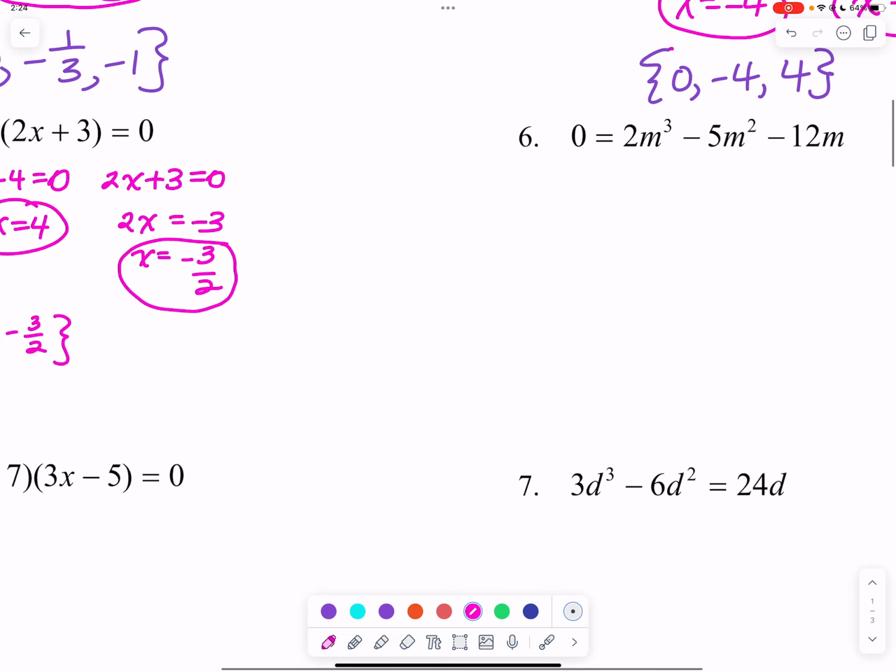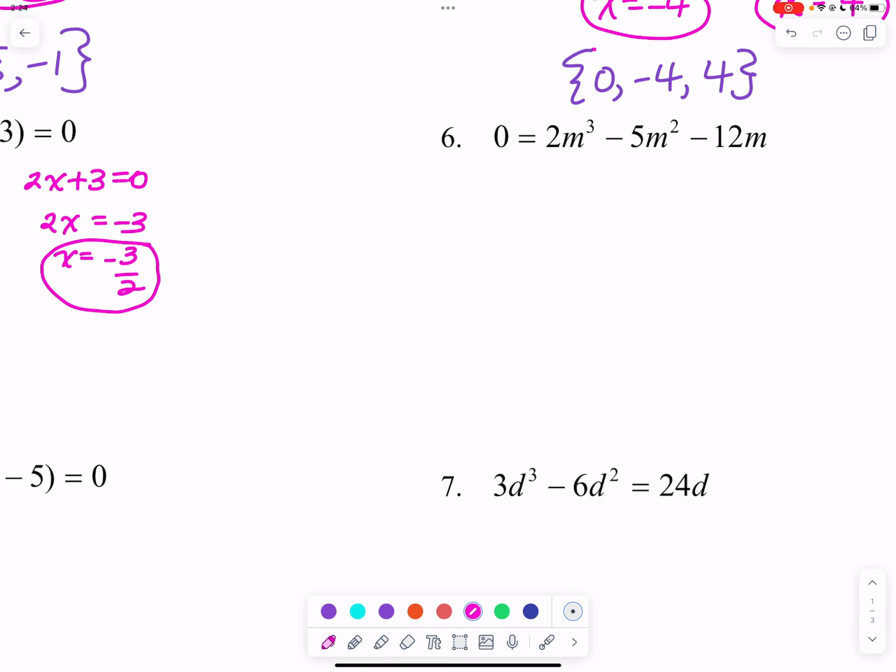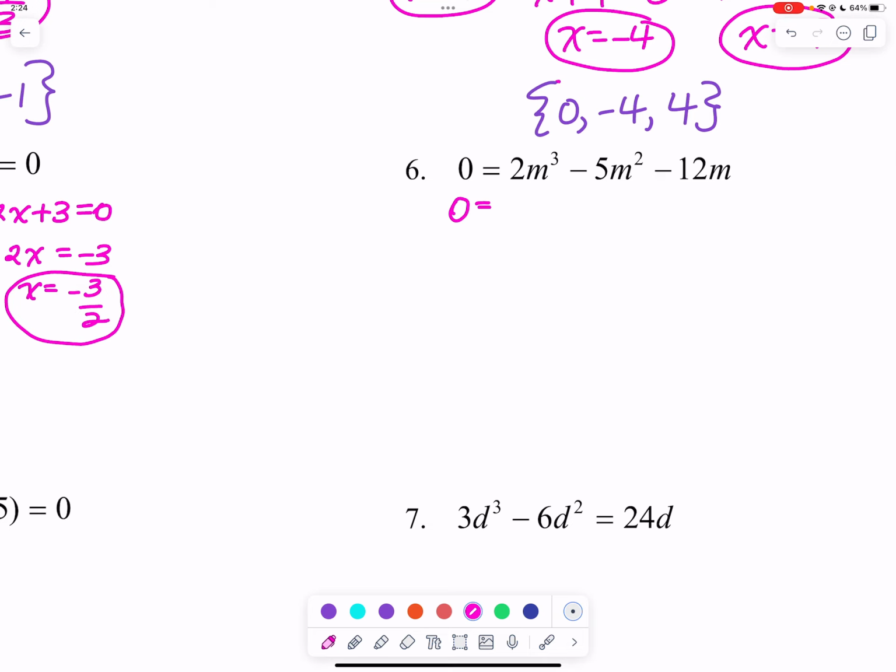Now we'll go ahead and take a look at number 6. Here in number 6, we want to factor out any common factors before we begin. And I see that we have a common factor of an m. So factoring an m out, we have 0 equals m times 2m squared minus 5m minus 12.